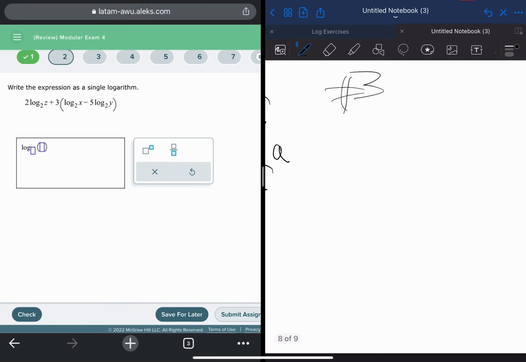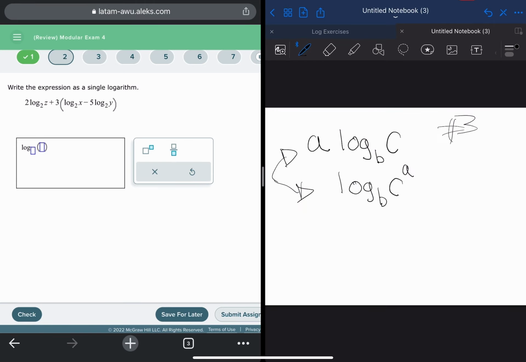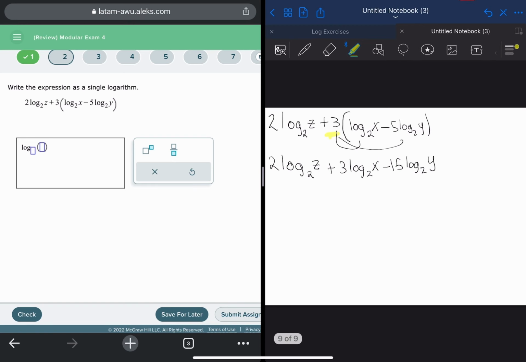And here, I have that third rule tells me, whenever I have a number multiplying my logarithm, I can rewrite that as the logarithm of the number raised to the number that was initially multiplying. That is rule 3. And I can go from this to this, or the other way around. I can go from left to right or right to left. The same.